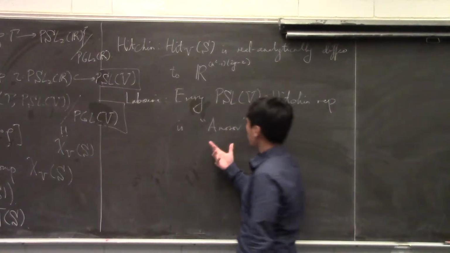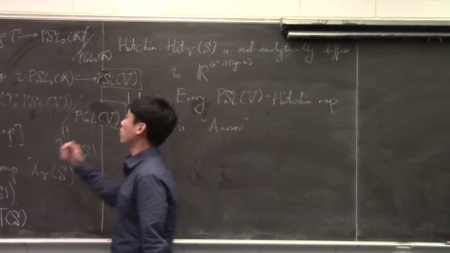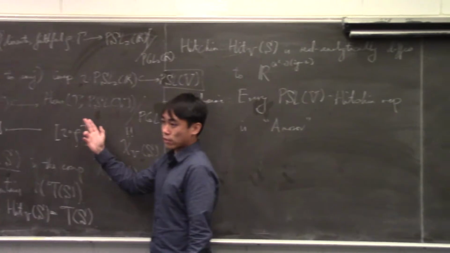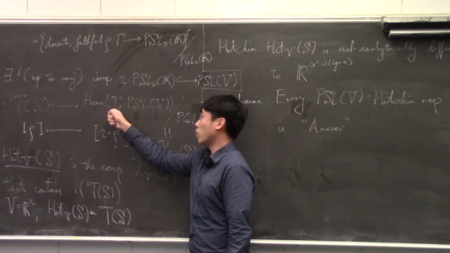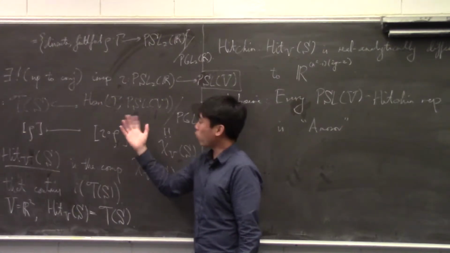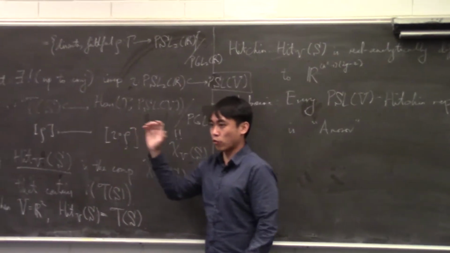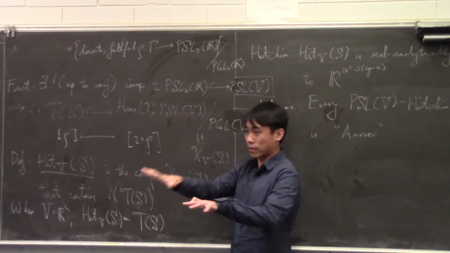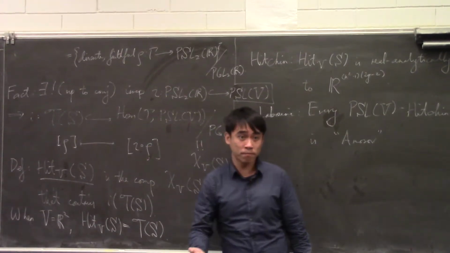So in particular, this Anosov property ensures that every single PSLV Hitchin representation is a quasi-isometric embedding from gamma equipped with any word metric into PSLV equipped with any left invariant metric. So more informally, this is saying that for every PSLV Hitchin representation, the way that it takes gamma and puts it inside of PSLV preserves the coarse intrinsic geometry of gamma.